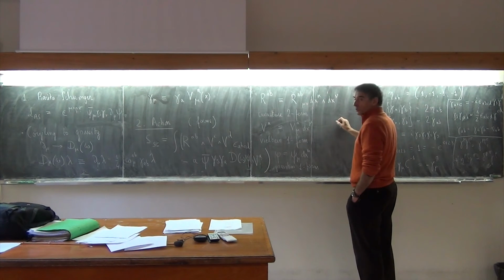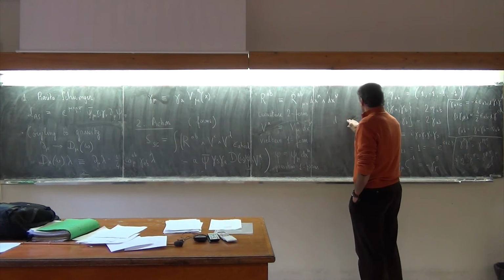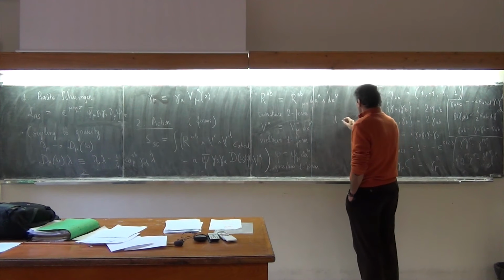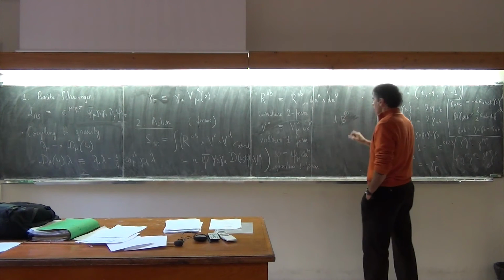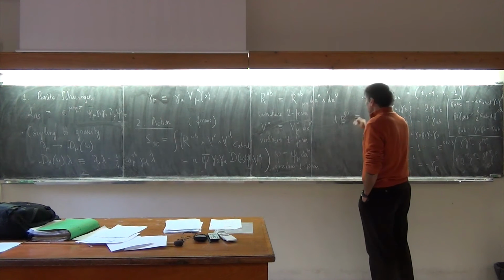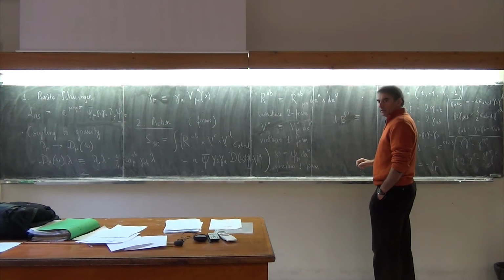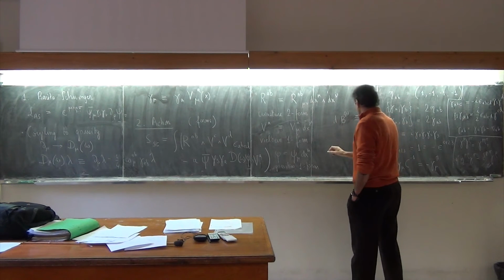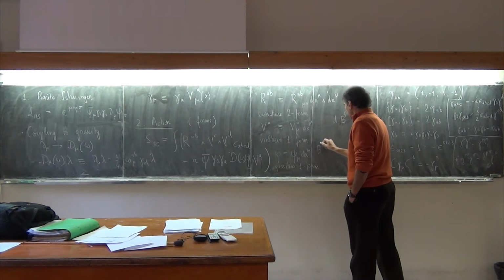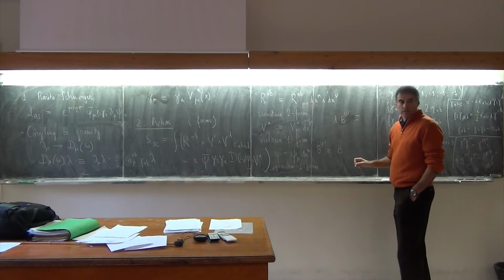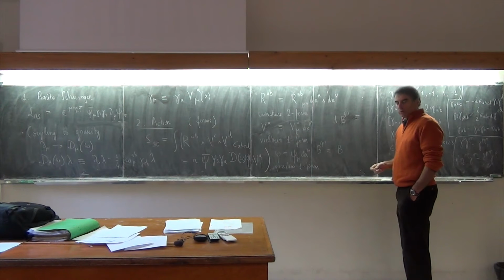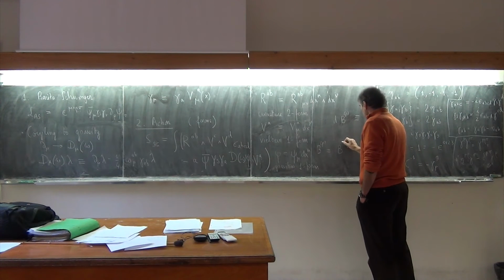I just remind you: the exterior derivative on a P form is defined in this way. If you take a P form, you can expand it on a coordinate basis as follows.